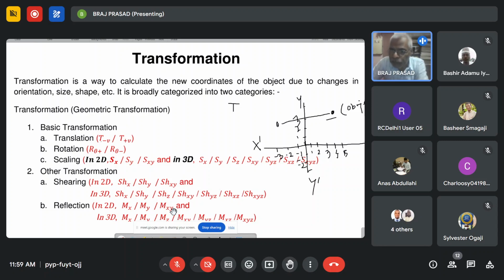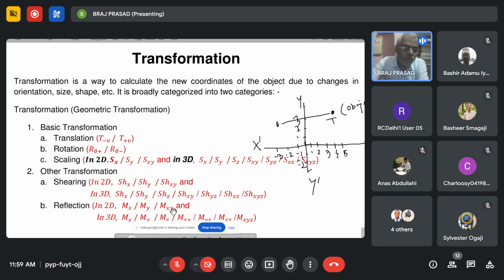So the positive translation is shown as t plus b, and negative translation is shown by t minus b. Actually the translation notation is t, but in positive direction it is t plus b, or simply we can write tb, and in negative direction we will use minus b. So there are two different notations, t minus b or t plus b.